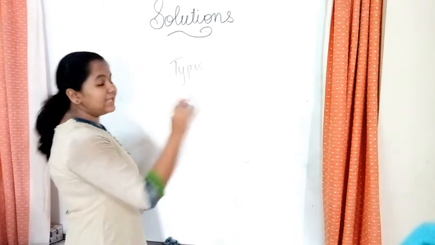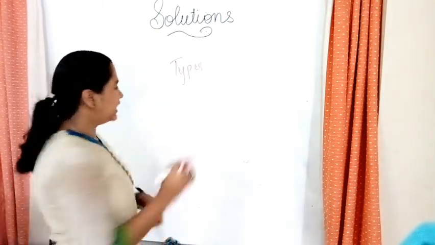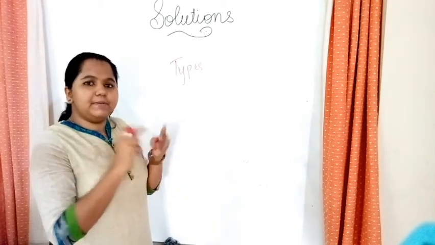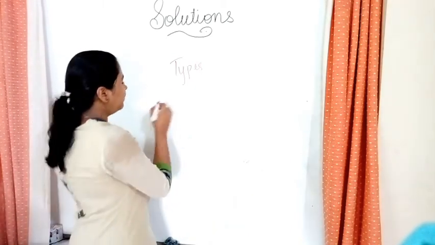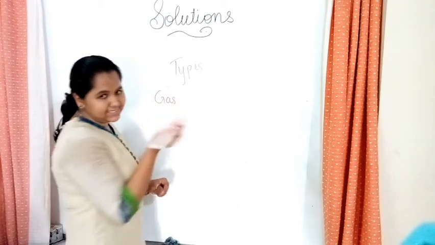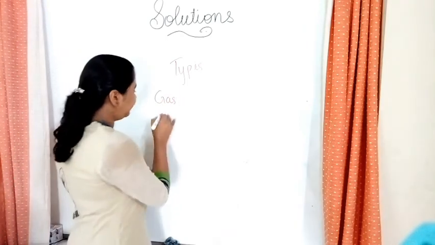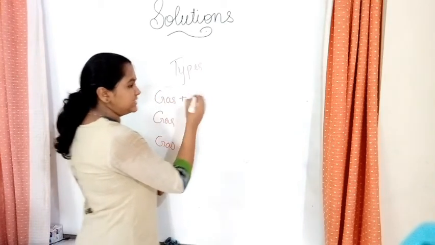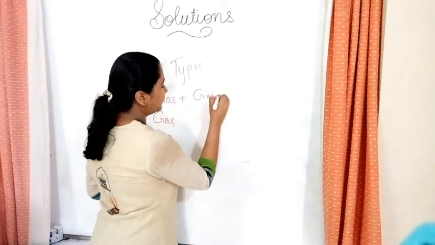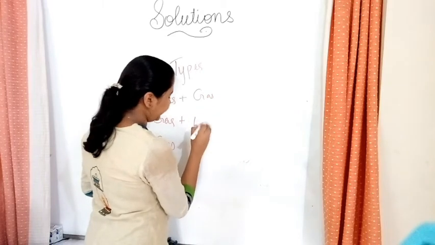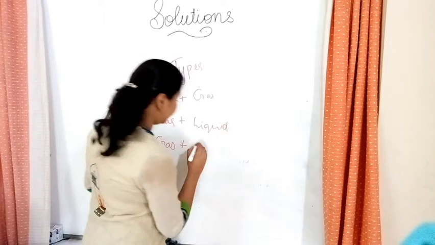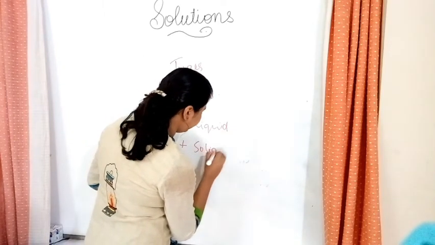Let's take gas as our solvent. I'll give you examples only. There are 3 plus 3 plus 3, so 9 types. First we take gas as our solvent, and we have to take 3 of them because we have 3 phases: gas plus gas, gas plus liquid, and gas plus solid.